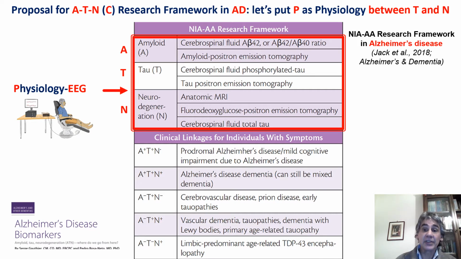Amyloid and tauopathy are based on biomarkers of cerebrospinal fluid and positron emission tomography. And the neurodegenerative biomarkers are based nowadays on anatomic magnetic resonance imaging and fluorodeoxyglucose positron emission tomography.